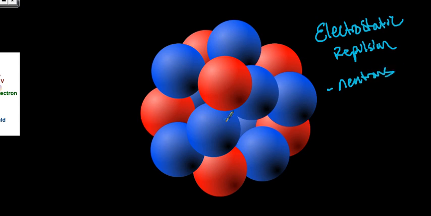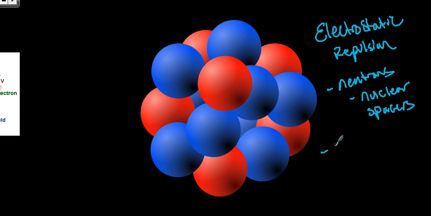Okay, these neutrons were discovered later, but these are spacers in between the protons that will give the protons space. It increases the distance between each proton, which decreases the force of them repelling each other. So these are nuclear spacers.